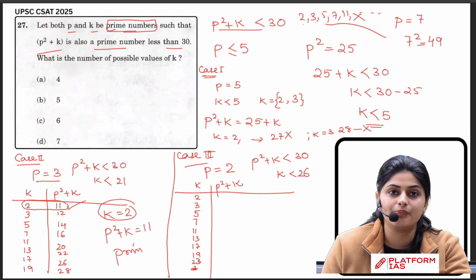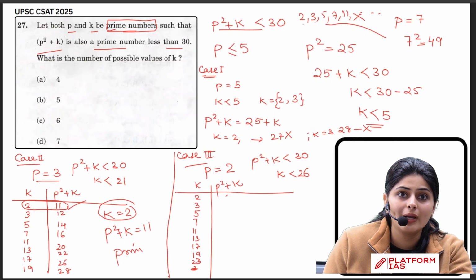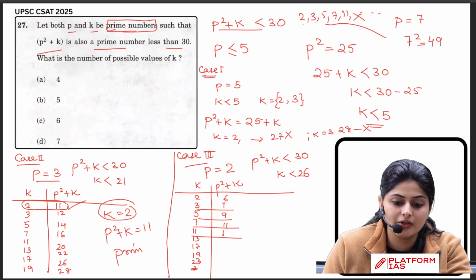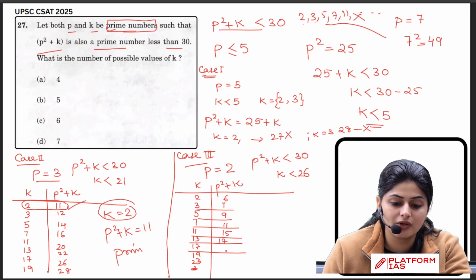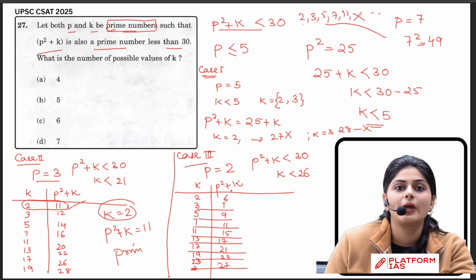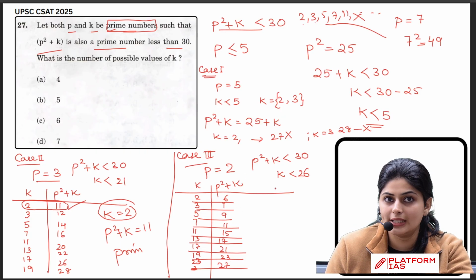It's 23. Now finding the values of p square plus k for k equal to 2, we'll get 6, 7, then we have 9, then we have 11. For k 11 we have 15, then 17, then for k 17 we have 21, then here 23, and for k 23 we have 27. So here if you look, how many values of k are there for which p square plus k is a prime number?